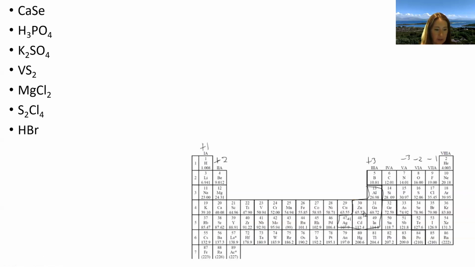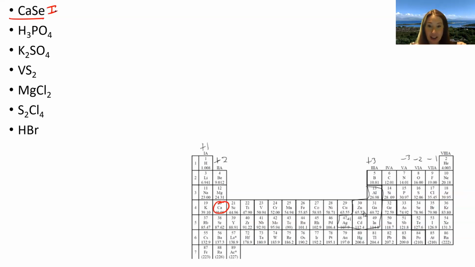Now the last question were some of these. I put all of these questions in a completely miscellaneous order, so some are ionic, some are acids, and some are molecular. When you're taking your quiz and your exam, this is what I suggest you do. You look at the problem and then you look at your periodic table. For example, CaSe, metal, ionic. Write the I on there.